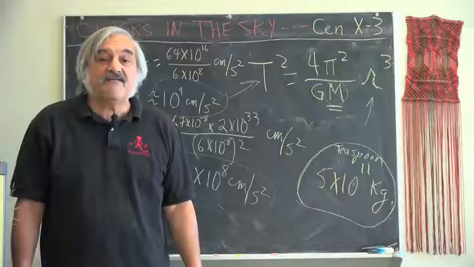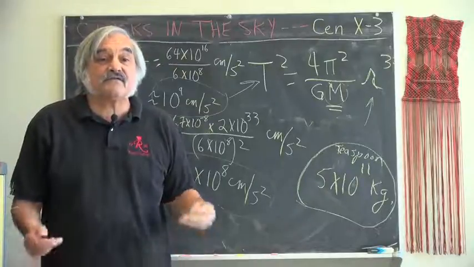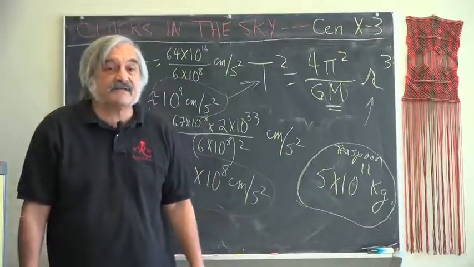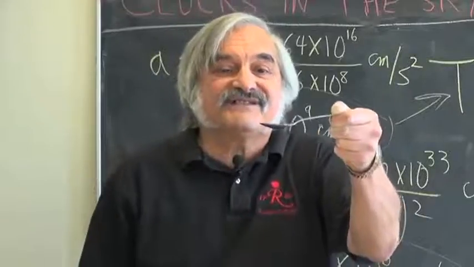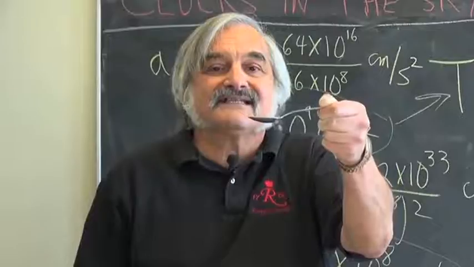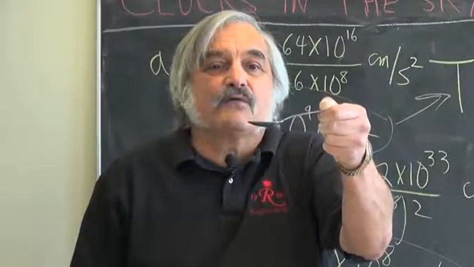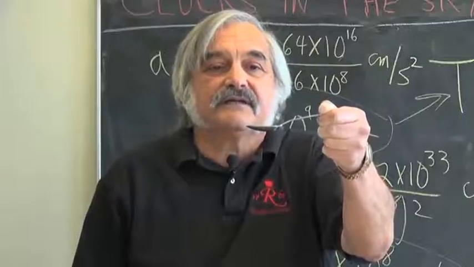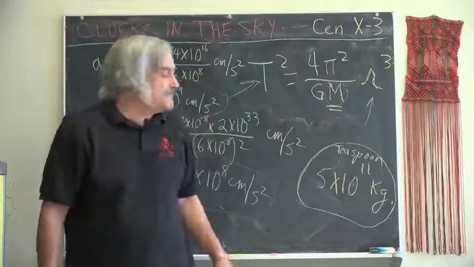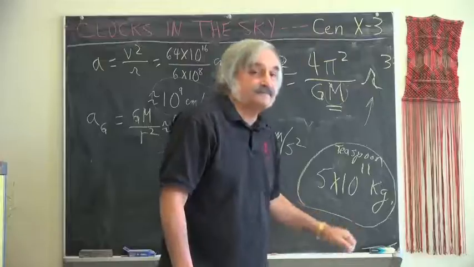Well, a typical African elephant weighs about 5,000 kilograms. So our teaspoonful of this neutron star stuff has the same mass as about 100 million African elephants. Absolutely astounding.